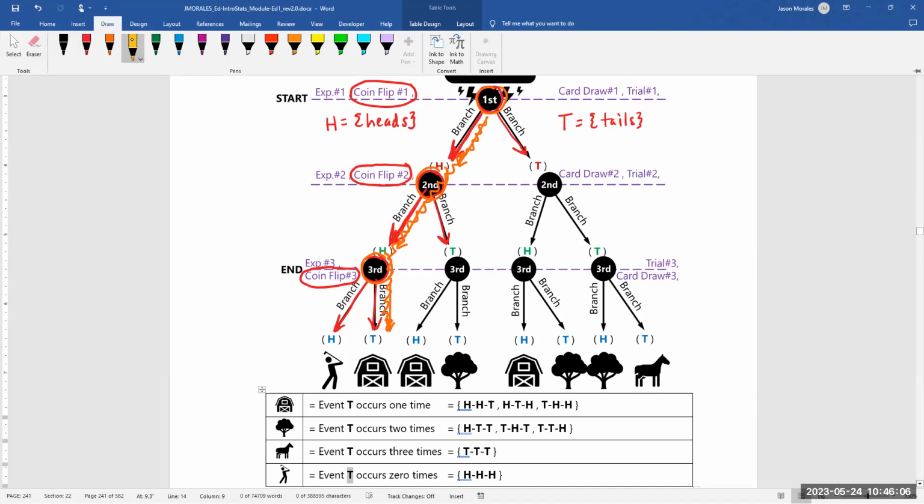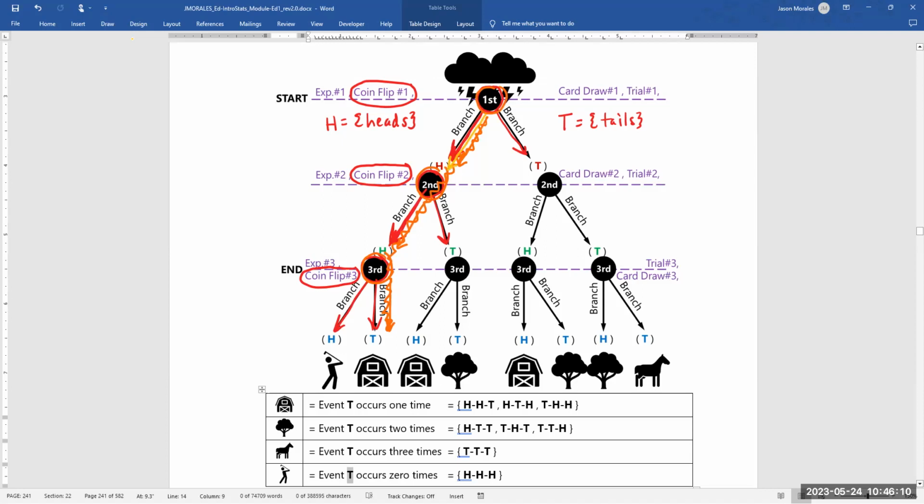And likewise, if the first result had been heads, and maybe the second coin flip had been tails, then the third coin flip could either be heads or tails.